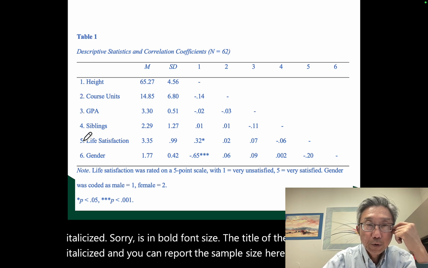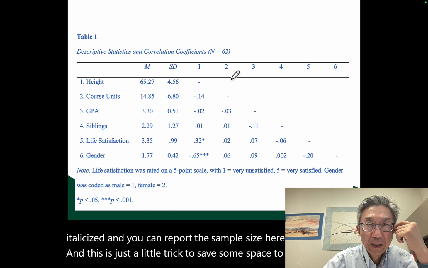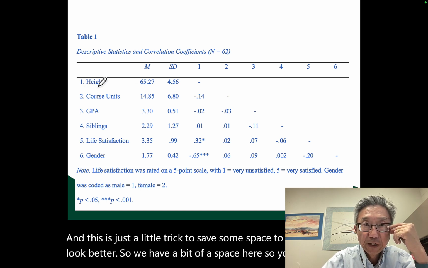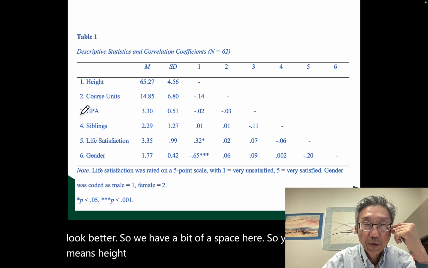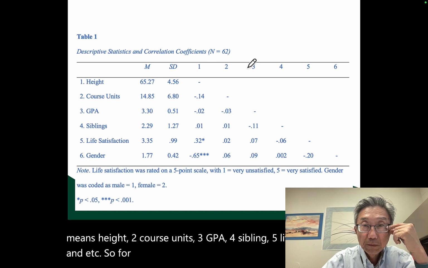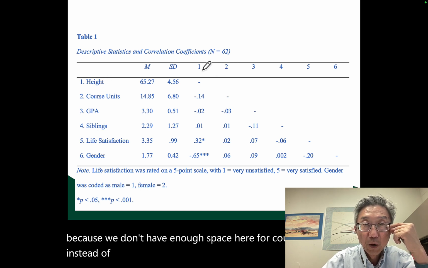And this is just a little trick to save some space and make the table look better. So we have a bit of space here, so you can say 1 means height, 2 course units, 3 GPA, 4 siblings, 5 life satisfaction, and so on. So for the column heading, instead of height, course units, because we don't have enough space here for course units, we are just saying 1, 2, 3, 4, 5, 6.